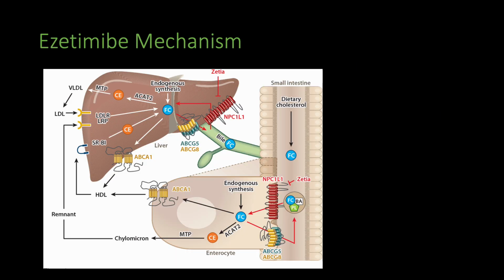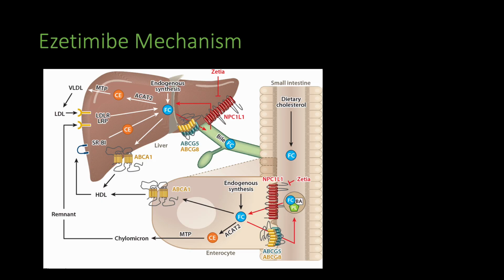Ezetimibe is another medication that's used in our gut. You can see here it is blocking one of the transporters, the NPC1L1, that actually takes the cholesterol out from the intestine and then reabsorbs it back into the liver.